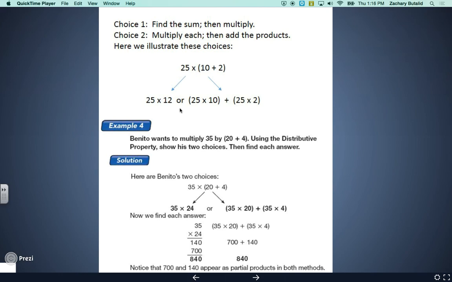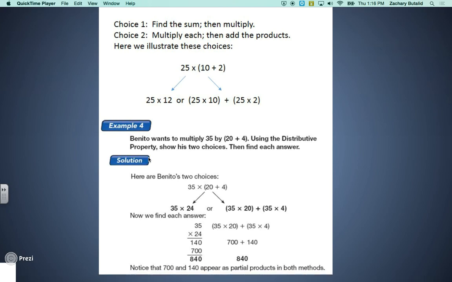All right. Or you could work it out the long way, like we did in example number 3 or example number 2. Okay. So when you do it this way, it's called the distributive property. All right. Anyway, here's example number 4. Benito wants to multiply 35 by 20 plus 4, and they're going to use the distributive property in the solution.